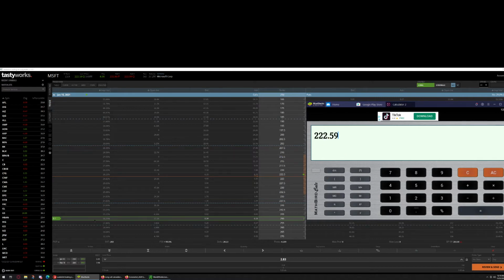But stock price times 26.23% times the square root of 25 divided by 365 this time.